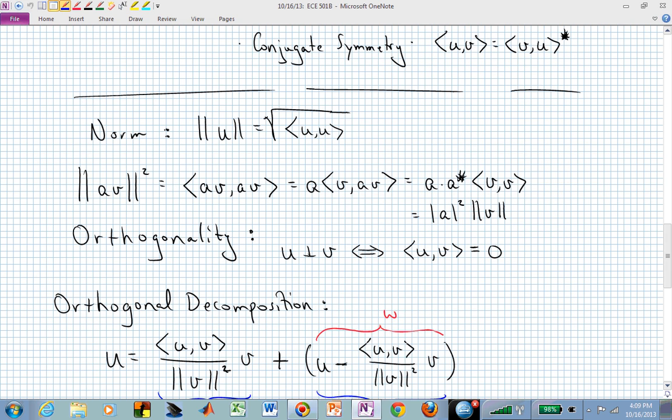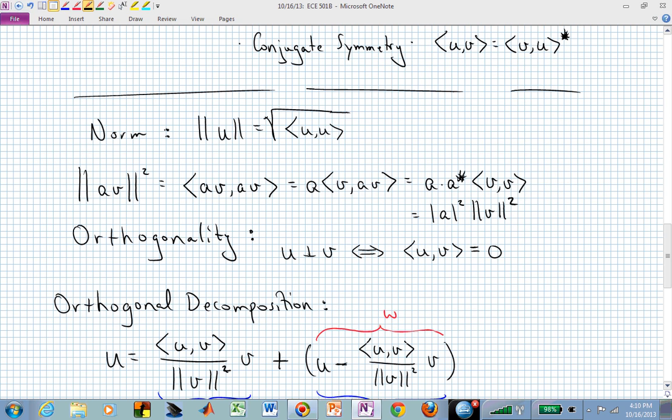Here's using that first and second slot homogeneity property to derive that the norm squared of a scalar times a vector is actually going to be the absolute value of that scalar, meaning if it's a complex number, you find its magnitude and square it, and then multiply that times the square of the norm, right? That's what the inner product with itself gives us. That gives us this norm squared.